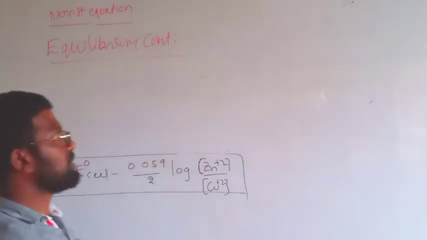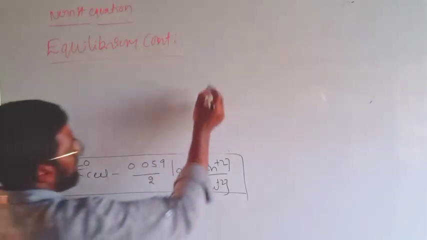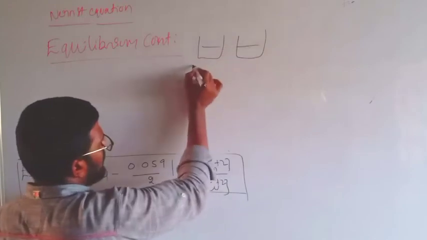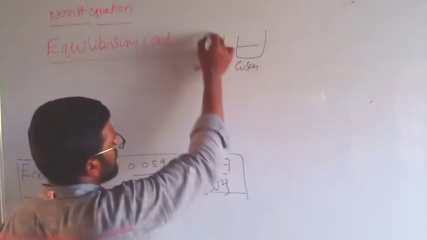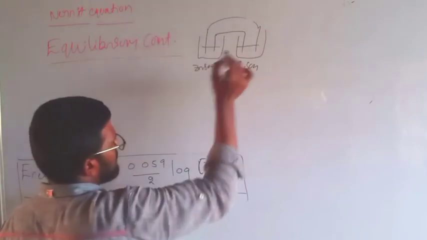Before going to that, let's have a small introduction. If you take a galvanic cell, in one cell we take ZnSO4 solution, and in another cell we take copper sulfate solution. Zinc rod and copper rod are both connected through an external wire, and there is a salt bridge.